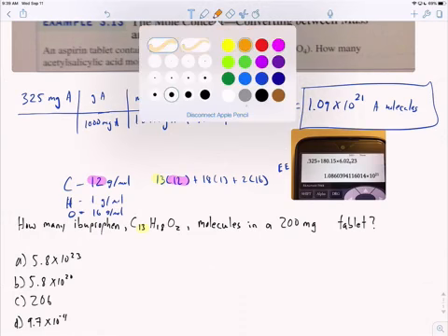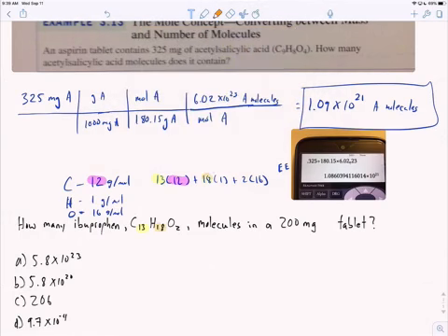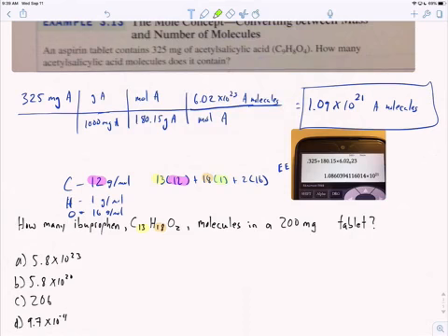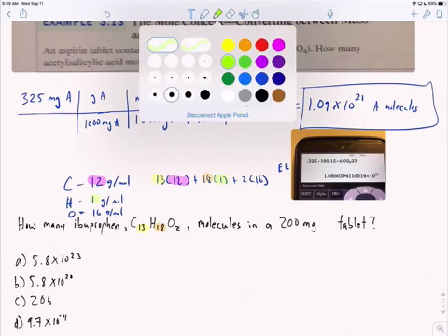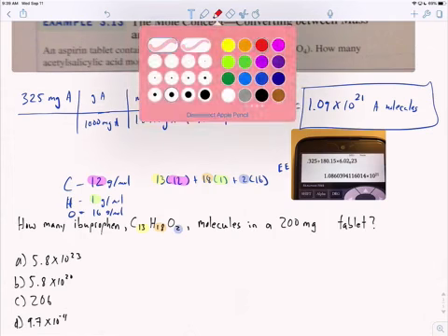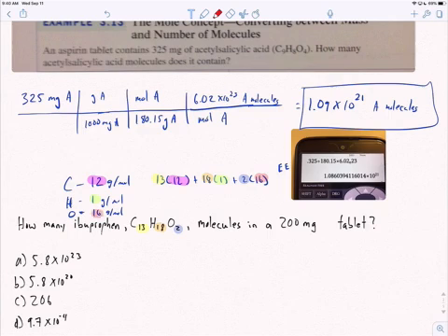Okay, so we were going to do just like this example here that we did for the glucose. Okay.